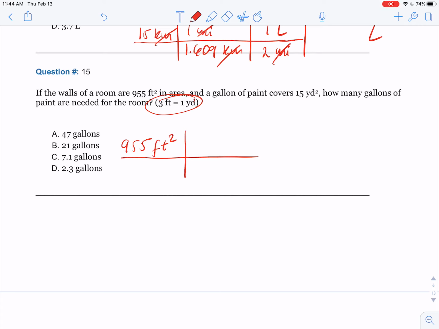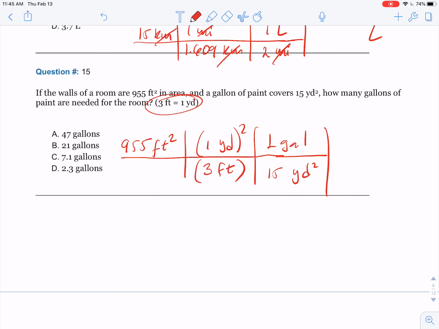And what you have to do, this is units raised to a power, so you have to eliminate the feet: 3 feet down here and 1 yard down here, and all you have to do is square this. Okay, that will take care of what you need. And then last but not least, you have 1 gallon per 15 square yards.